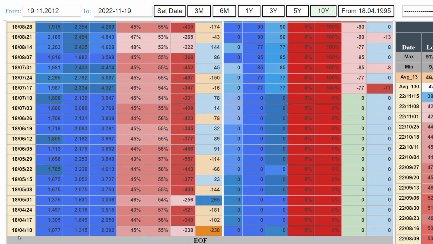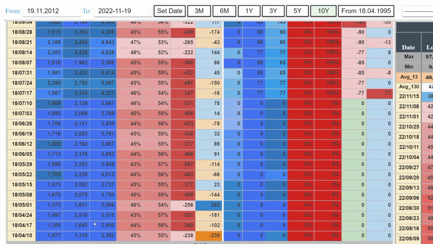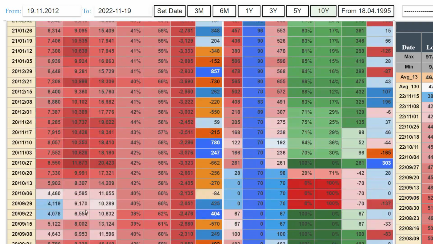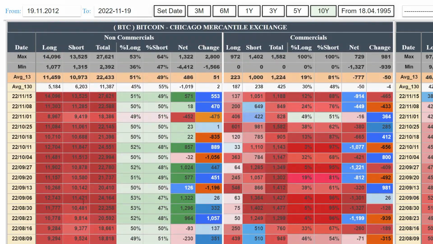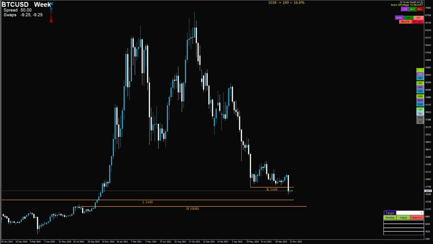Let me go down to 2018. So since 2018, there have not been such big longs on Bitcoin. So right when everyone is in fear, everyone thinks it's the end of crypto, you see the big money is buying. So in my opinion, that could be coming, right?